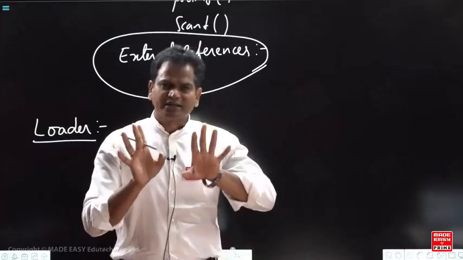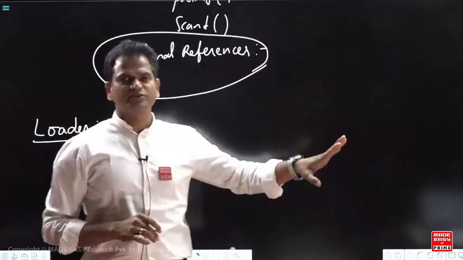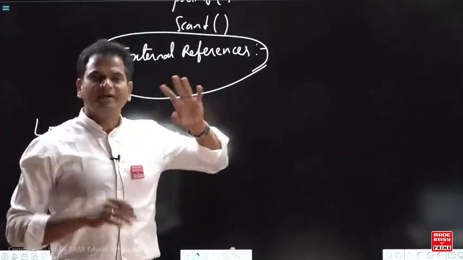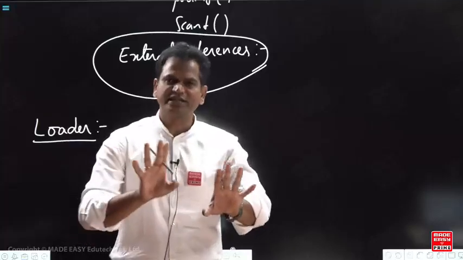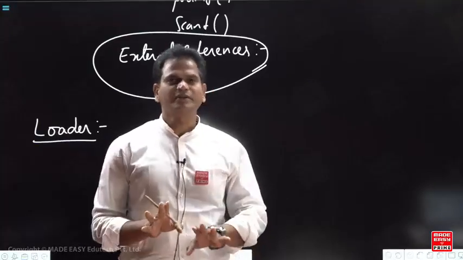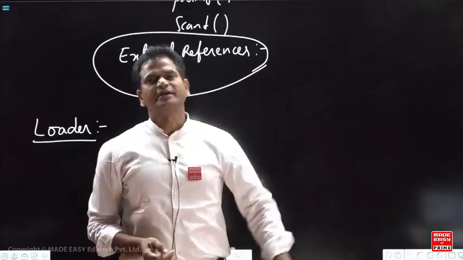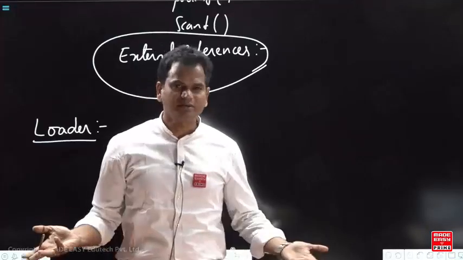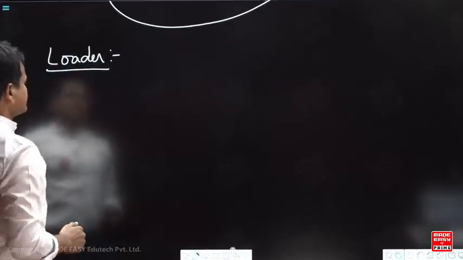Simple. The loader loads the executable program from secondary memory to main memory, and it initiates the execution of the program by transferring the control to the starting of the program. It's simple.